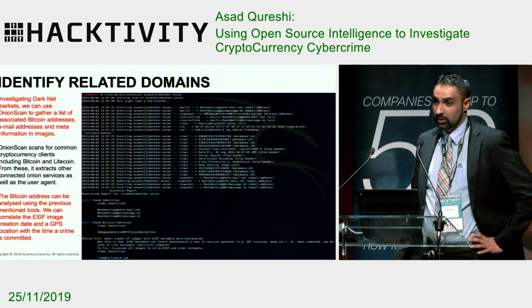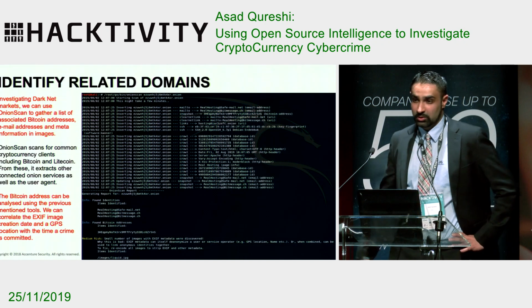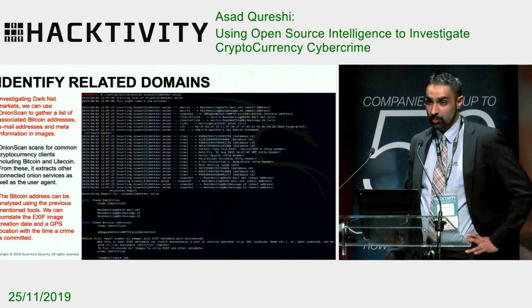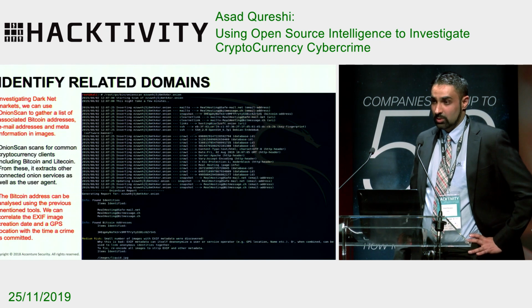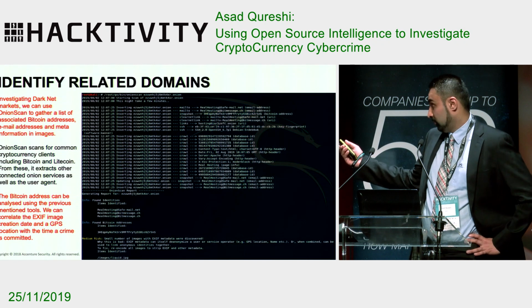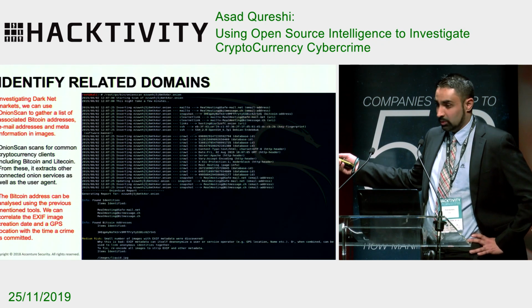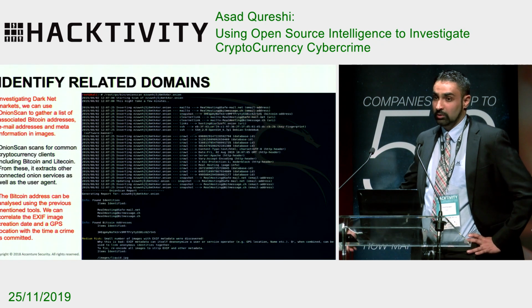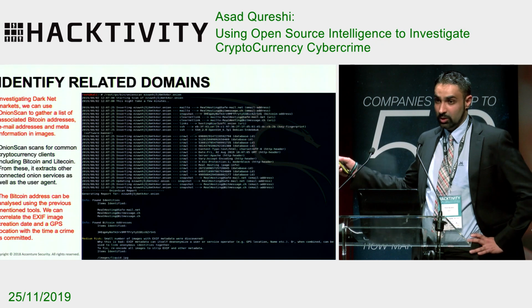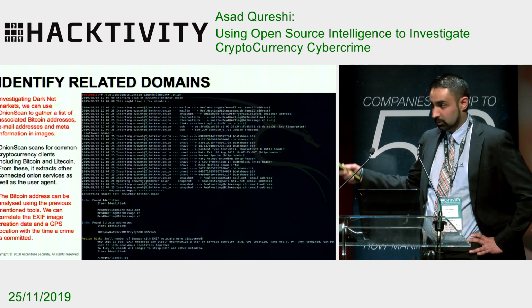From there, you can actually pinpoint the exact location from where the attacker operated that darknet market or that scam. So using that tool, we can also look for darknet sites to see if we have a Bitcoin address, if it's been involved in the darknet on that site.